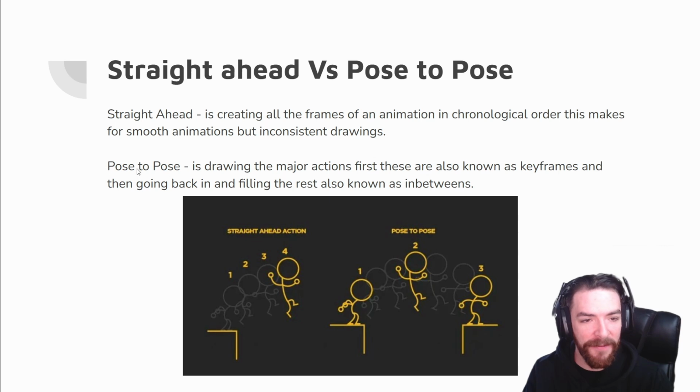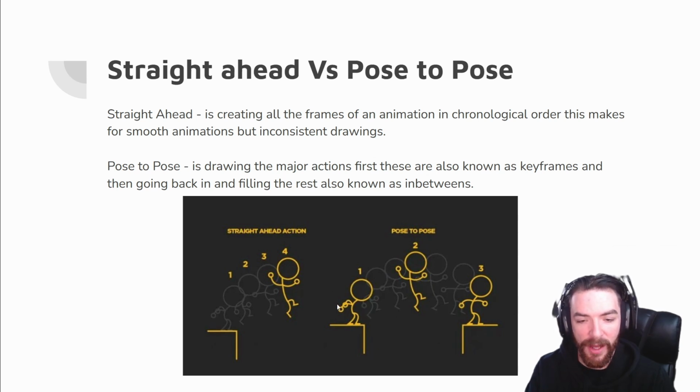And so moving on, we have pose to pose, which is drawing the major actions first. These are also known as keyframes, and then going back and filling the rest, also known as in-betweens. So actually, you can see here the 3 keyframes and the 4 in-betweens.